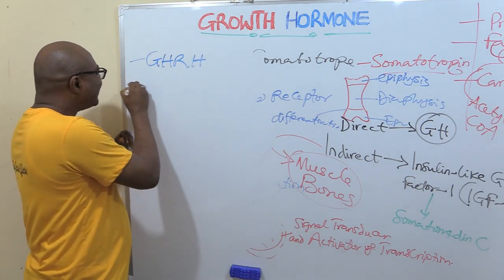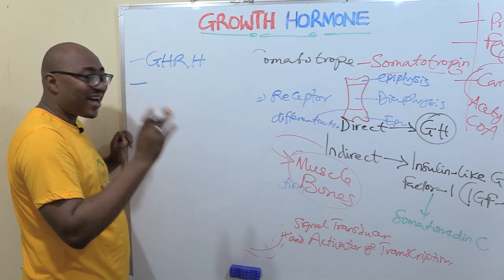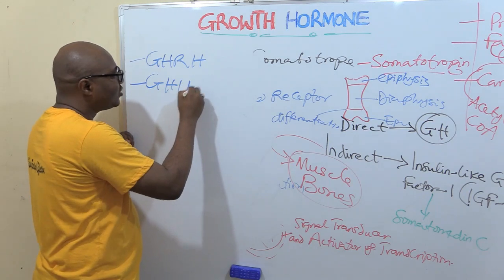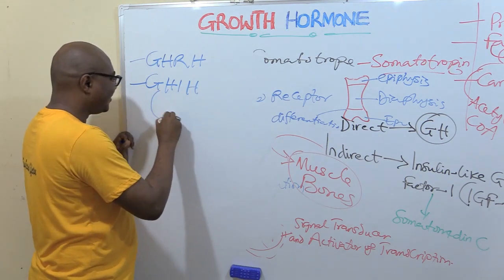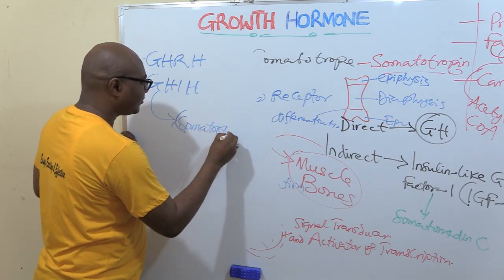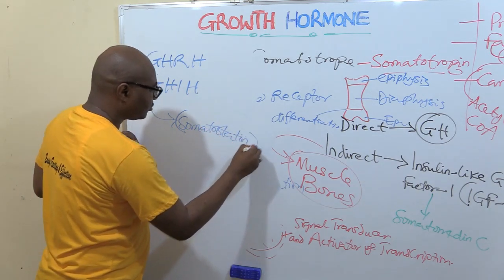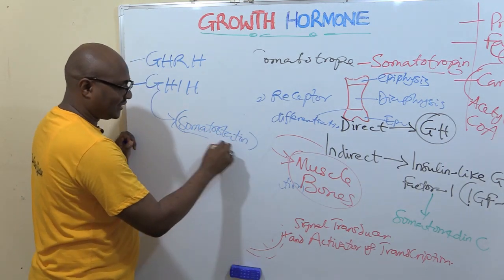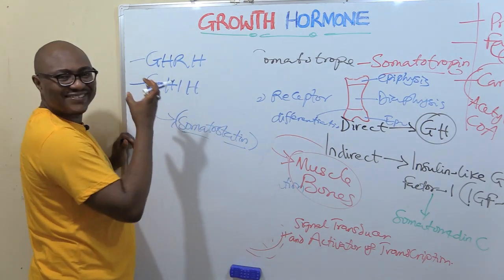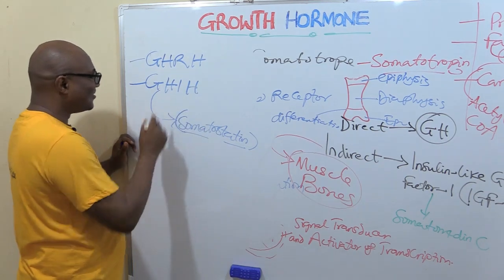Okay? Then remember, the hypothalamus also has a growth hormone inhibiting hormone, the other name of which is somatostatin. Static means it opposes growth.